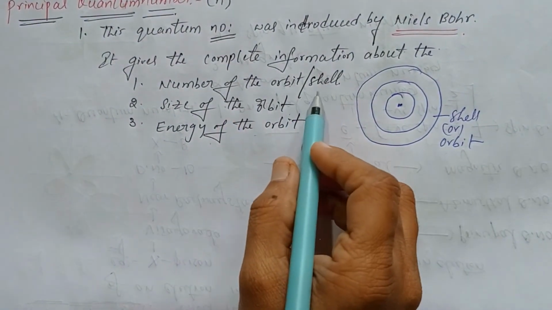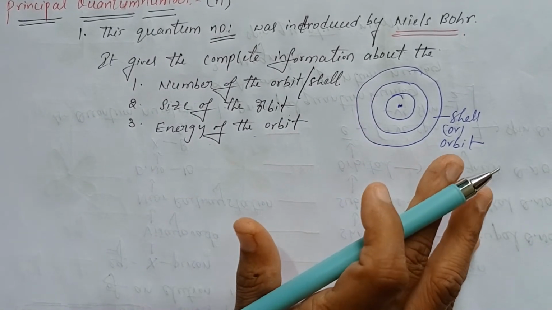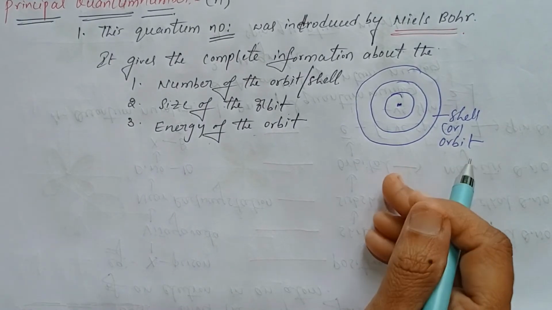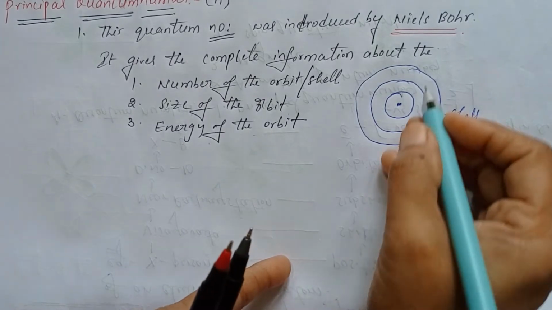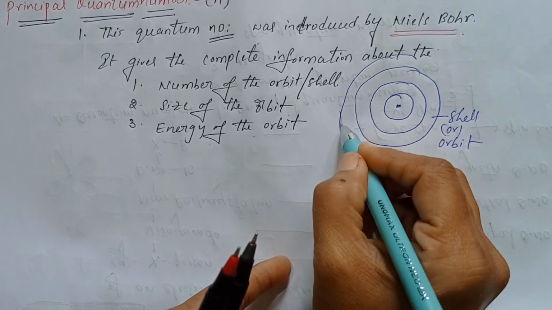So number of the orbit or shell, size of the orbit, energy of the orbit. Here these shells are represented by K, L, M, N and numbered as 1, 2, 3, 4, students. Suppose I am taking one more shell.